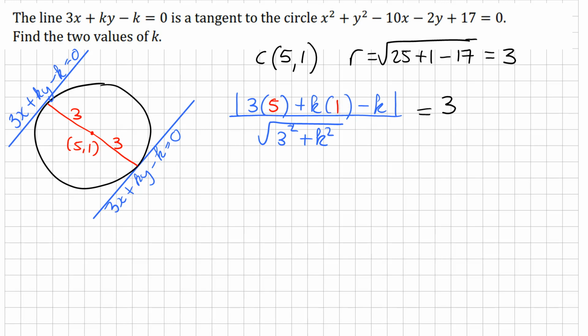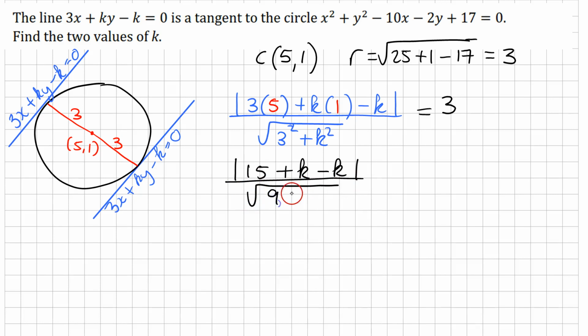Okay, so now this is a little trickier because we have k's both top and bottom. Okay, so we just have to be very careful how we handle this. So our algebra needs to be looked at carefully. So on top we have the absolute value of 15 + k - k. Okay, not too bad, because at least now our k's there have disappeared.